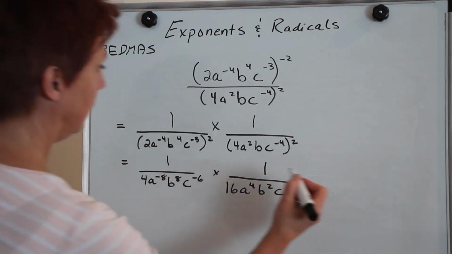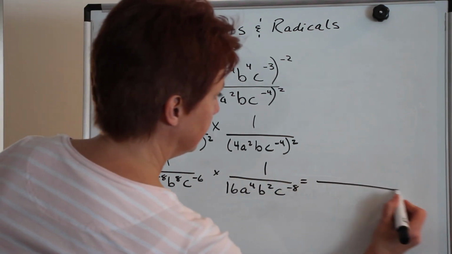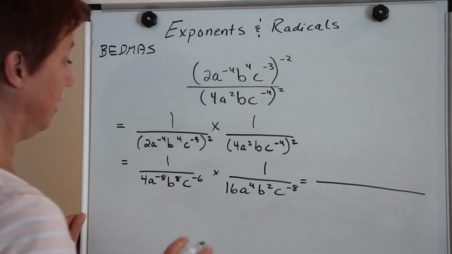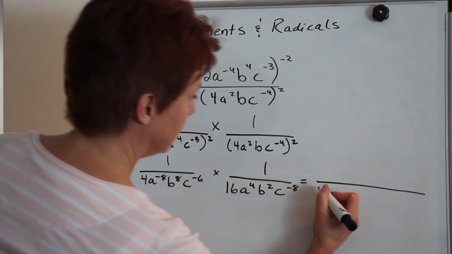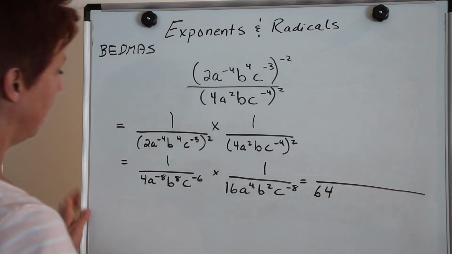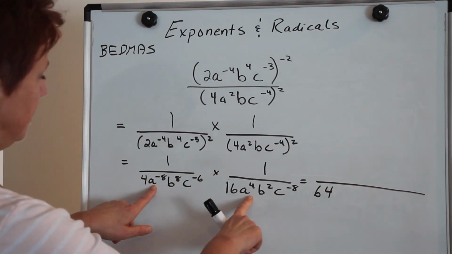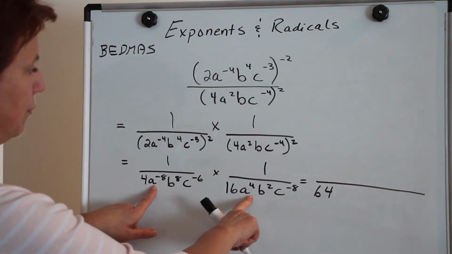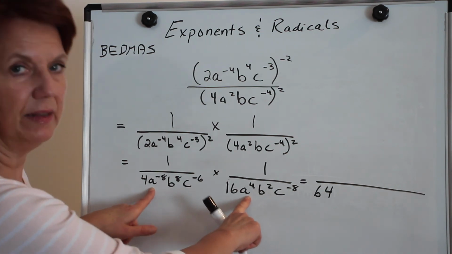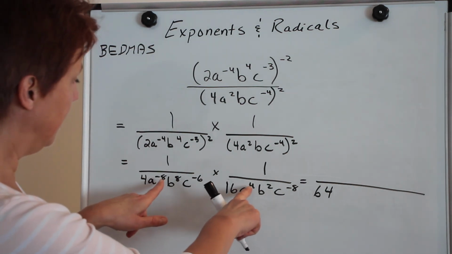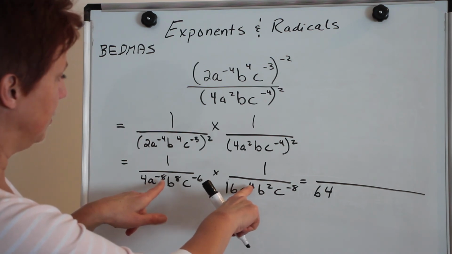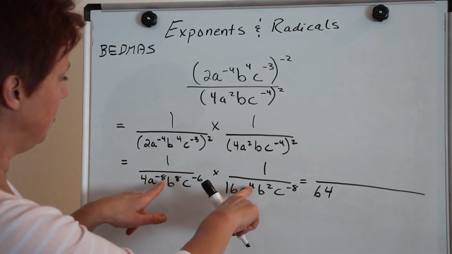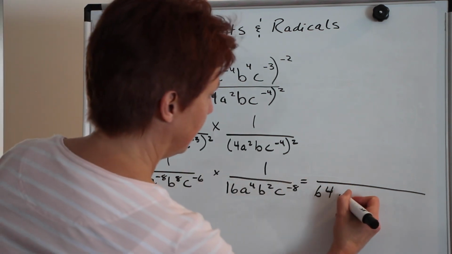All right, so now our final answer, nothing is in the numerator. I don't think anything ends up in the numerator. 4 times 16 is 64. A to the negative 8 times a to the 4. So we're multiplying these bases, so we add the exponents. Negative 8 plus 4, oh, we do end up with something in the numerator, because what we end up with here is negative 4.